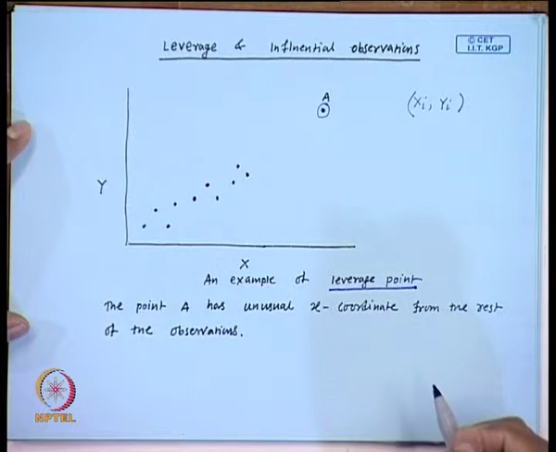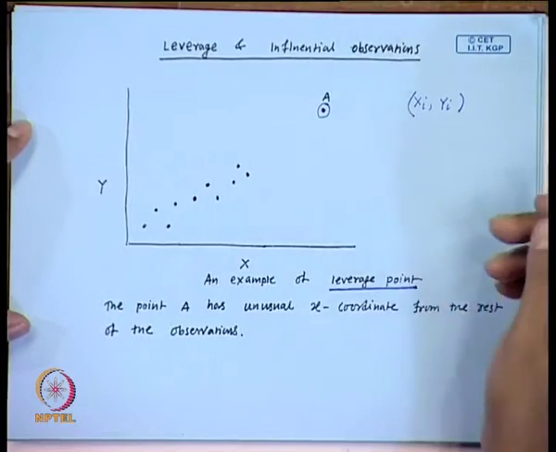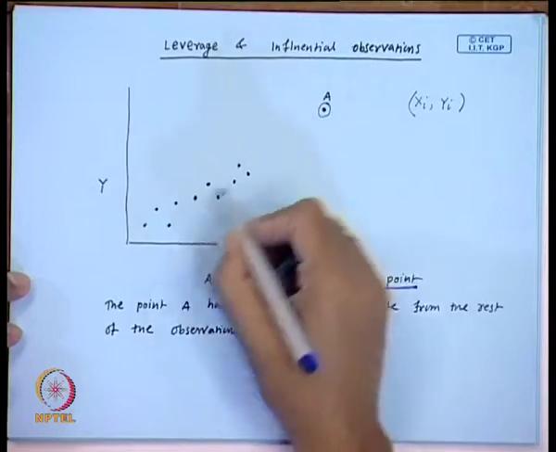Okay, I'll give some numerical example for leverage point and the influential observation also. So, if a data point has an unusual x coordinate, but here you note that this point is lying on the general trend of the observations.